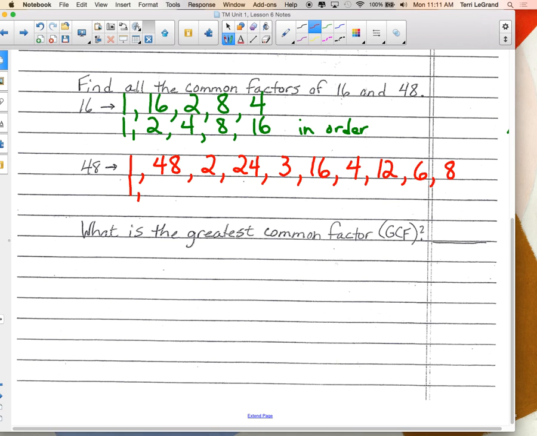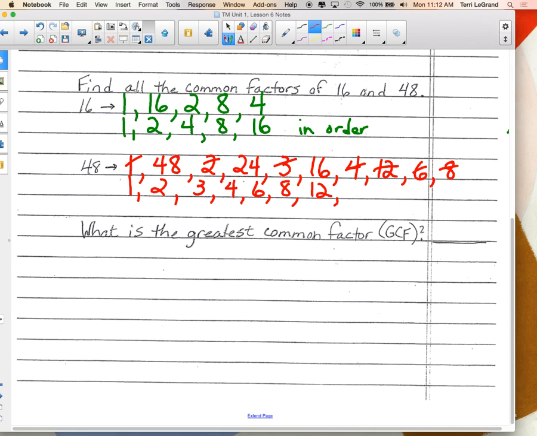1. Oh, this is a long list. We better go like this as we do it. 2, 3, 4, 5, 6, 7, 8. What's the next smallest number after 8? No, there's a 12.